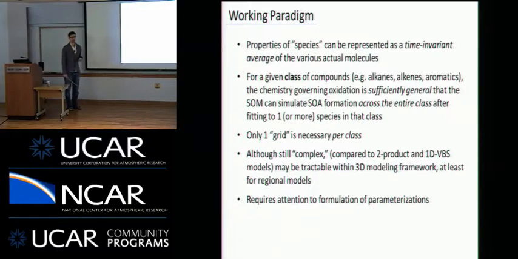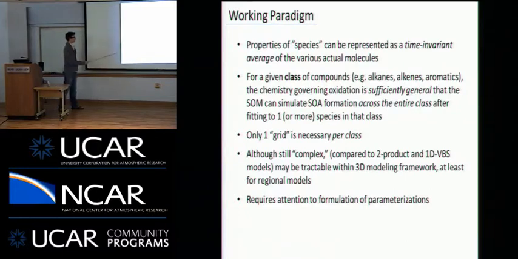So for example, if we wanted to simulate anywhere between, say, octane and pentadecane, we only need to determine one set of parameters, and we can figure out the evolution of the entire grid and represent them all within that same one. And so that means hopefully only one grid will be necessary per class, because we think we'll need a different grid for each class of molecules.